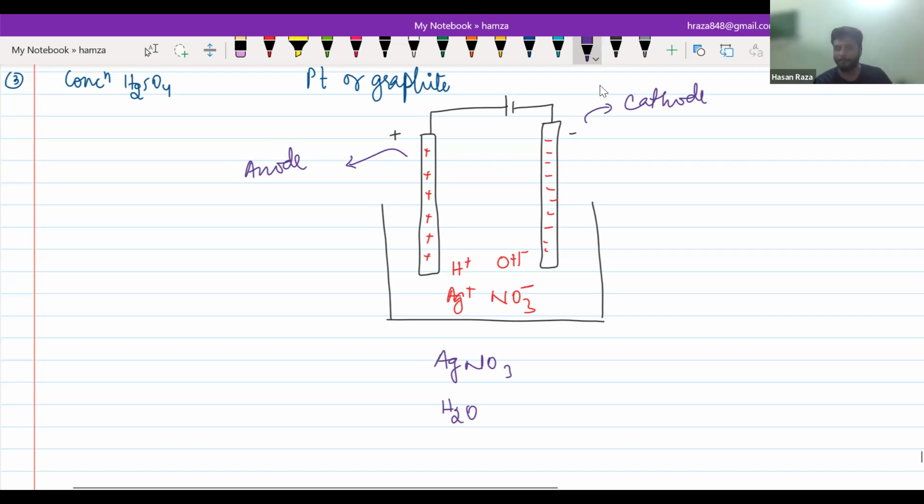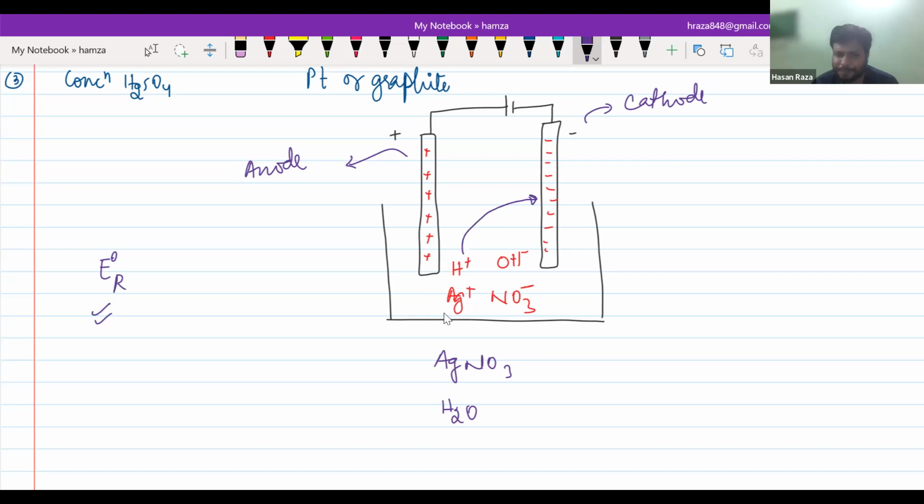How are we going to check? For cation, we will go for E naught R value. We will see which one has higher E naught R value. The cation which has higher value of electrode potential will go to cathode.